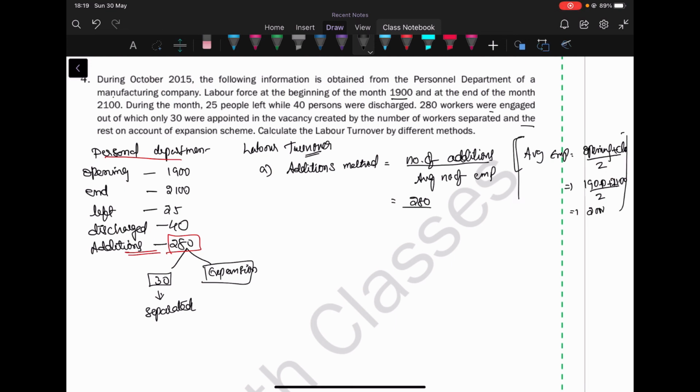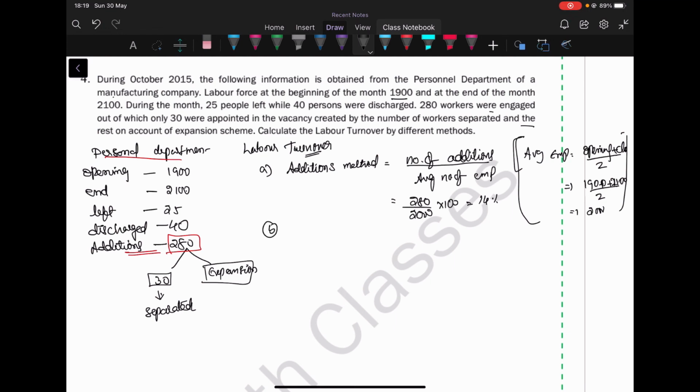This is a working note. 280 divided by 2000 into 100 is 14%. 14% is the labor turnover under the additions method.